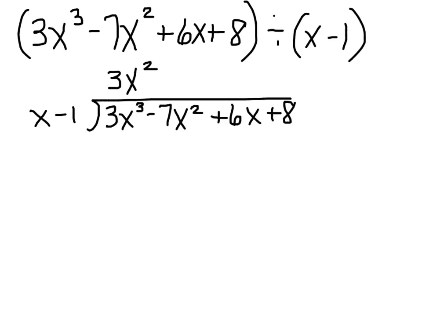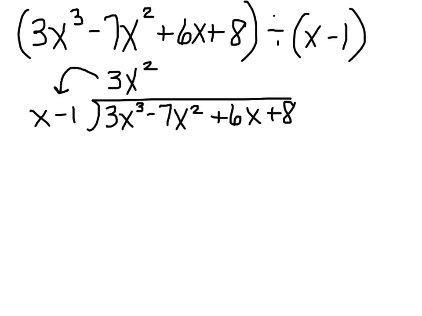Now, what I was trying to get out of Vanessa earlier when she got lost in how to explain it, was that she took the 1 on the top times the 3 on the outside to get 3 underneath the other 3. Same concept here. You need to take the 3x squared times all this.